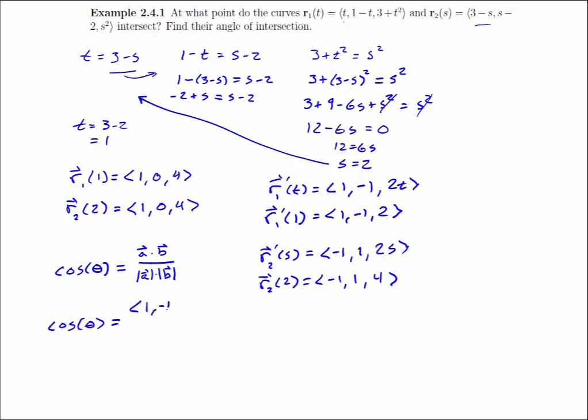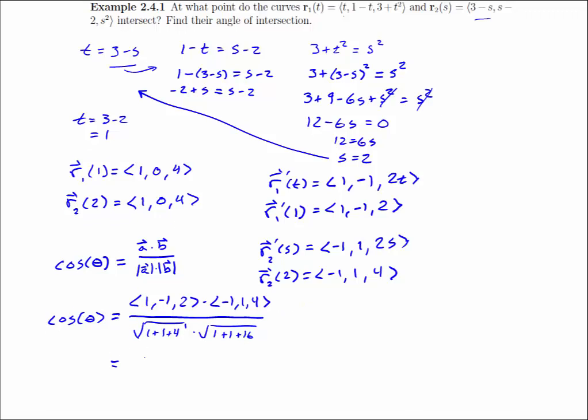So if I plug that in, I get cosine of the angle between these two direction vectors. I have 1, -1, 2 dotted with -1, 1, 4, over the magnitude of this, the square root of 1 plus 1 plus 4 times the square root of 1 plus 1 plus 16.